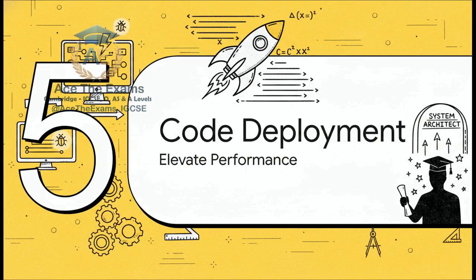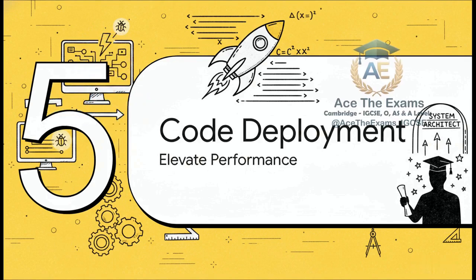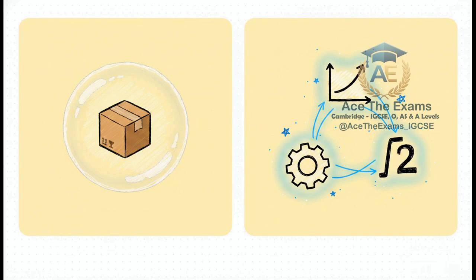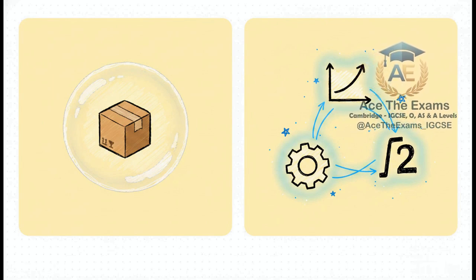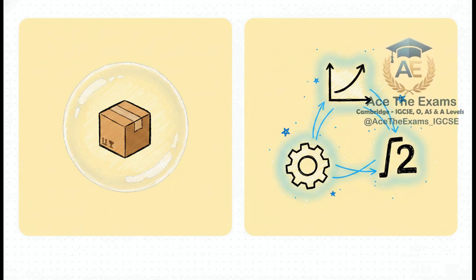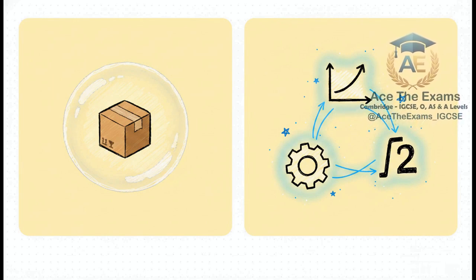Finally, Section 5, Code Deployment. It's time to review our optimized text string and see how you can elevate your performance from standard to elite. Let's do a quick comparison between standard coding and elite architecture. A standard candidate approaches a differential equation by entirely isolating the problem. They just do the math in a vacuum.